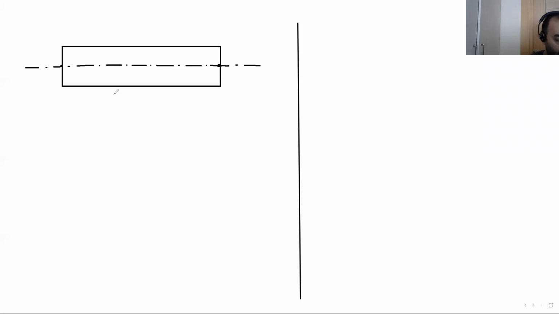We have a bending moment on this member, and here we have one vertical line.